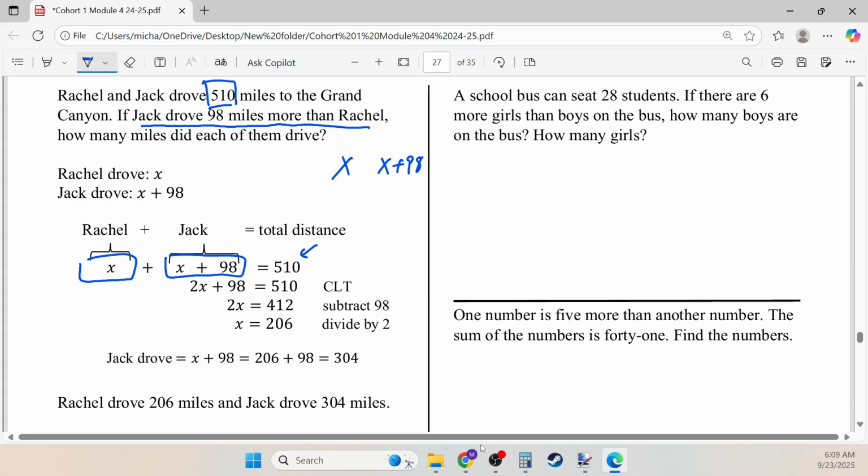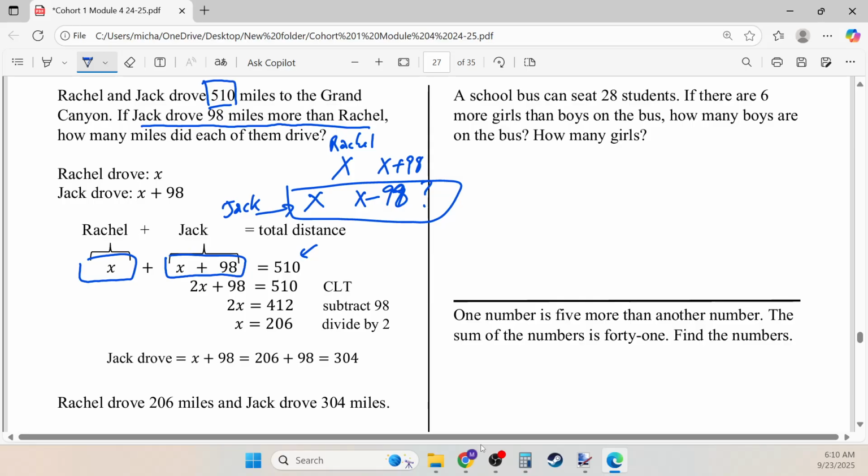Now, could you do it the other way? Could you say that, oh, Jack drove X and X has to be 98 more than Rachel, so Rachel drove X minus 98? The answer is yes, you could do it that way. You just have to make sure that you recognize that in the first one, X is Rachel, and when you solve, that number will be Rachel. And in the second way, that number would be Jack instead.